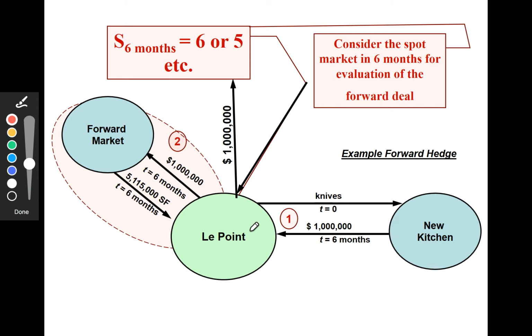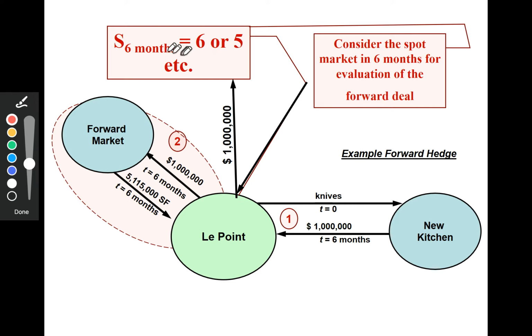But this is not so bad because the contract tells us we got to give $1 million 6 months from now to forward market if we are Lapointe. Well, we are a company that has resources. It's not bankrupt, but we have Swiss money. So 6 months from now, we go to the spot market and we give them Swiss francs. Today we don't know how much.